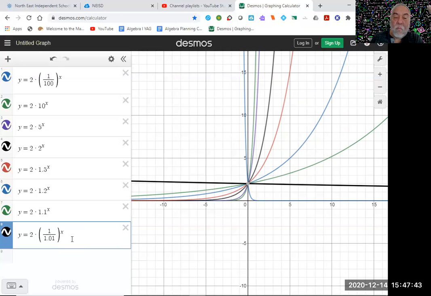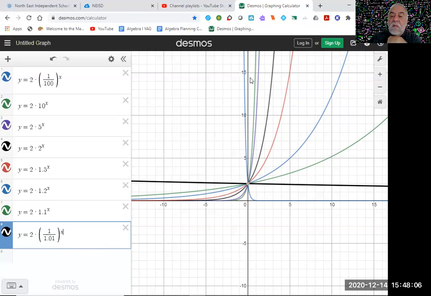The further away from 1 you get on the small side, the closer it gets to 0, but it can't go to less than 0. It can't even go to 0. The further it gets away from 1, the steeper it gets.